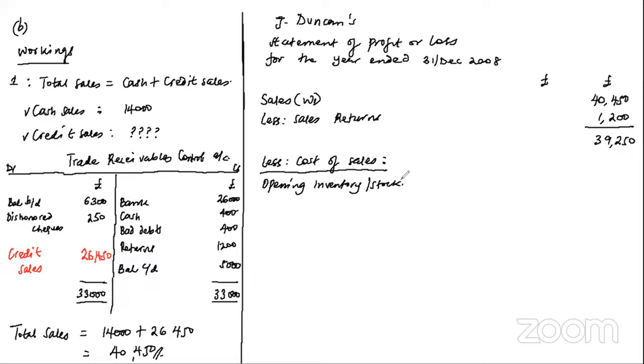According to the balances we have, our opening inventory as at 1st January 2008 is 4,100. Then of course we shall add the purchases.